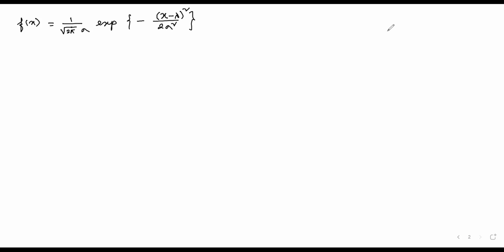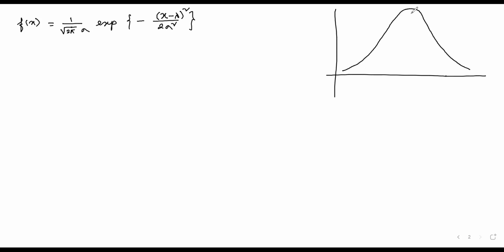And what is the plot? The plot is something like this. When I plot this, it turns out to be something like this. Here the maximum value occurs at lambda, and then this value is sigma, and this value is minus sigma.